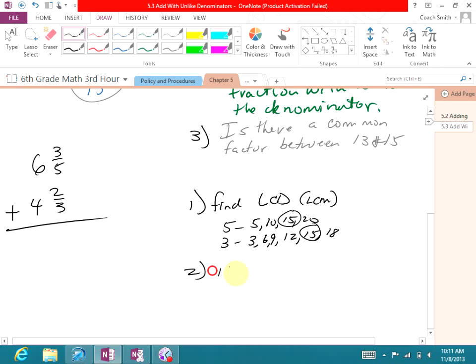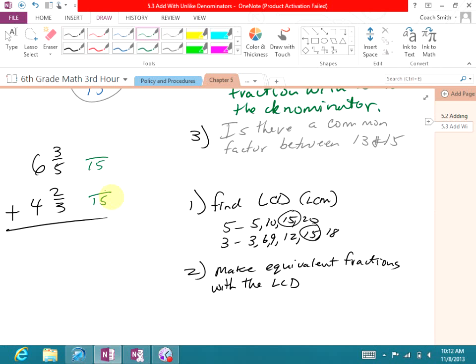Okay, step 2. Make equivalent fractions with the LCD. So, I'm going to have 15 and 15. So what did I multiply by 5 to make it 15? Jesse? By 3.